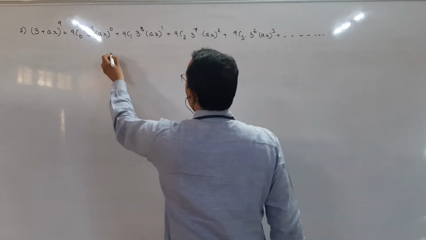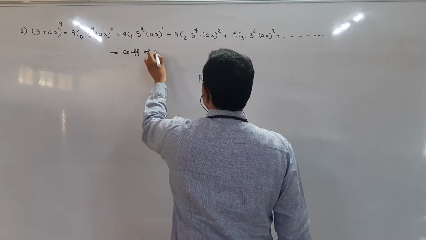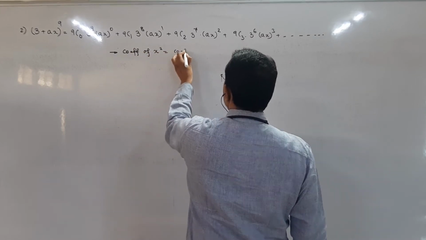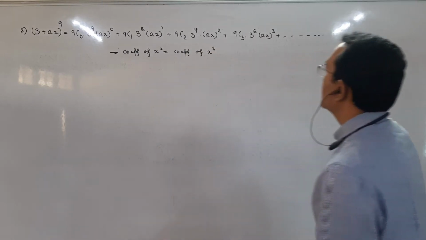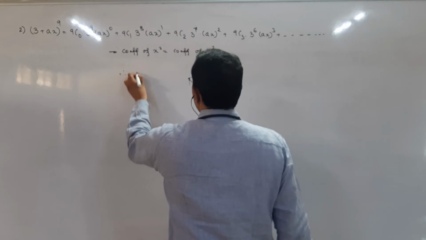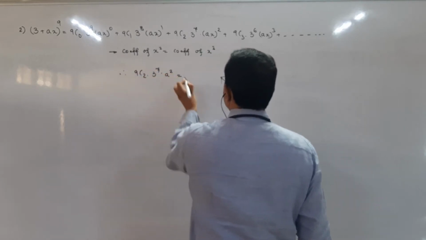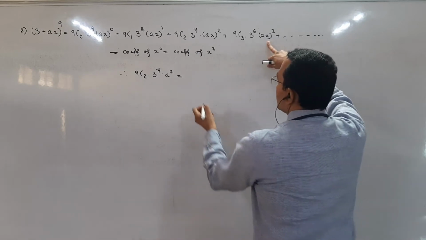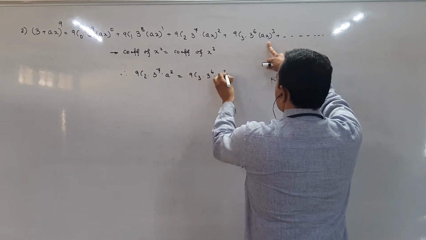Now, coefficient of x square is equal to coefficient of x cube. So coefficient of x square will be 9c2 3 raised to 7 a square, and coefficient of x cube will be 9c3 3 raised to 6 a cube.